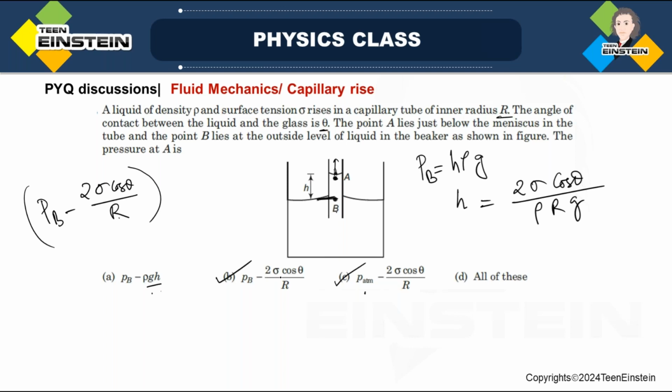So PB minus 2 sigma cos theta by R, this answer is fine.